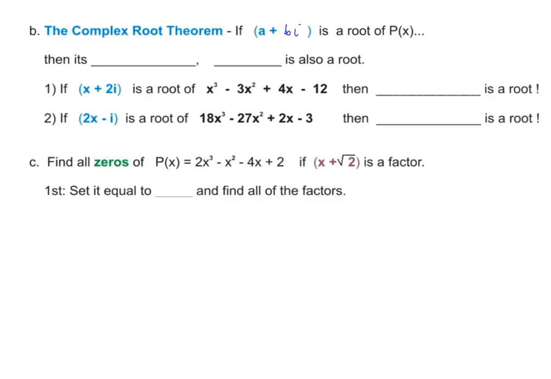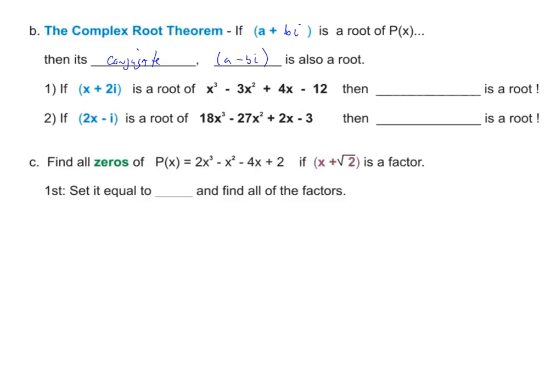All right, so the complex root theorem. If a plus bi is a root, then its conjugate is also a root. And what's the conjugate of a plus bi? A minus bi is also a root.